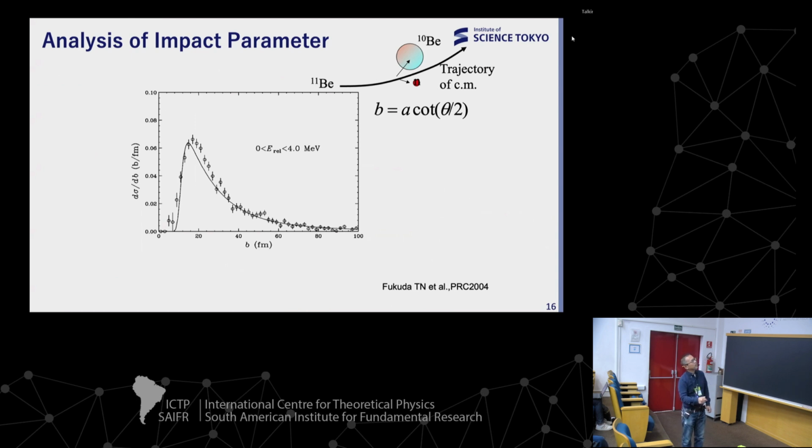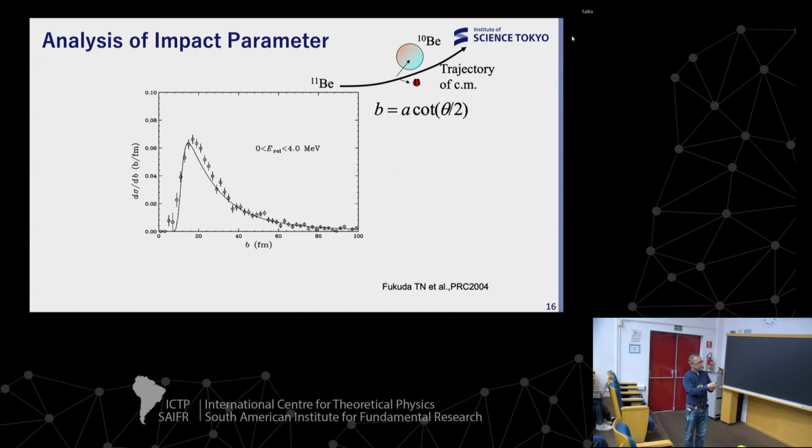Okay. So this means that we can plot the cross section as a function of impact parameter using this. And we did this, and you see this kind of plot. This is interesting because at large angles, large impact parameters, it follows like this, but then suddenly it drops. This is because we have some nuclear absorption, right?